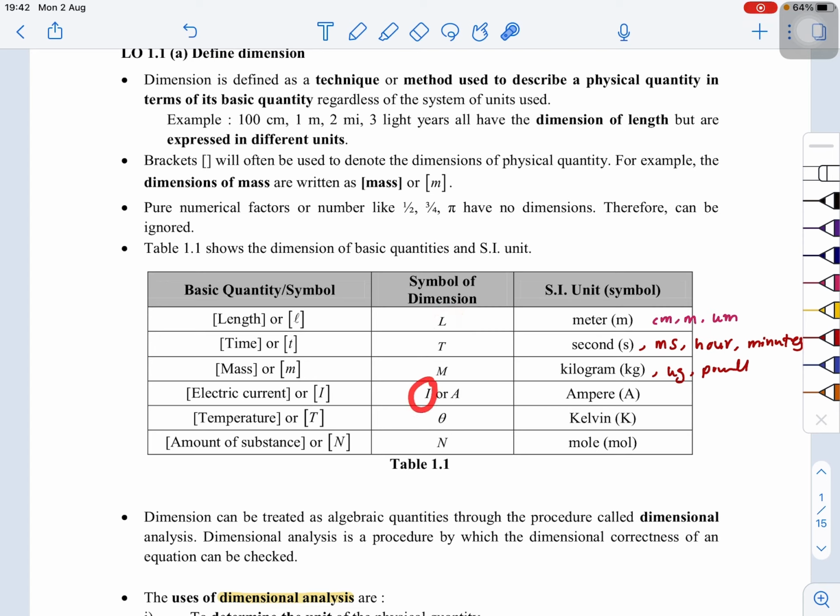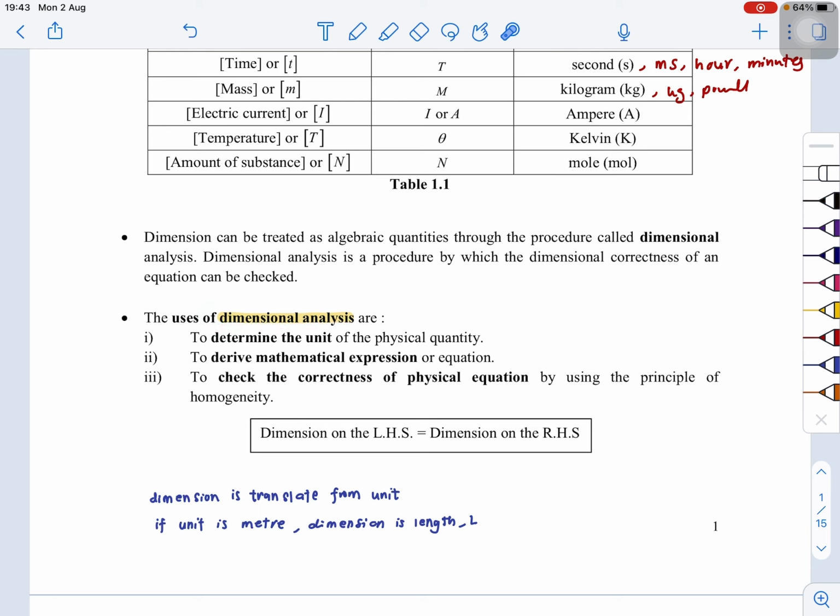Okay, so in physics, we always use dimensional analysis. Okay? We always use dimensional analysis to determine the unit of the physical quantity, or to derive mathematical expression, or to check the correctness of physical equation by using the principle of homogeneity.